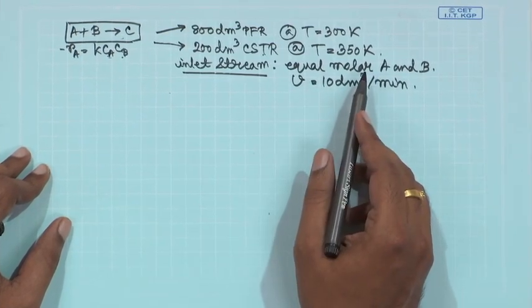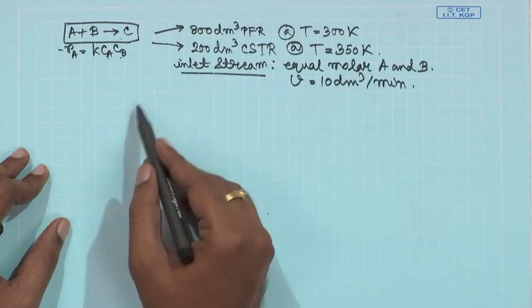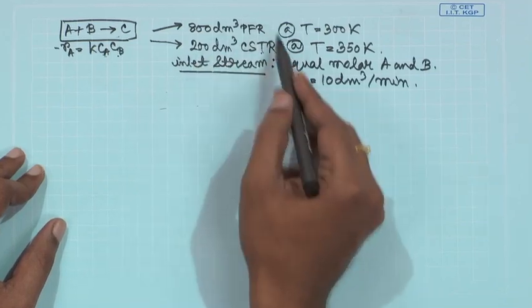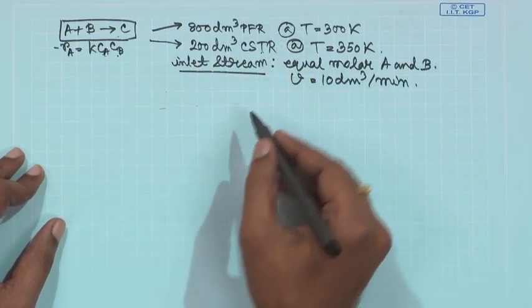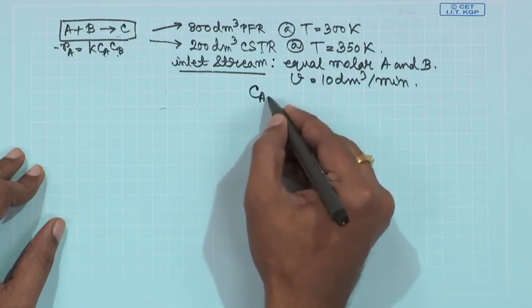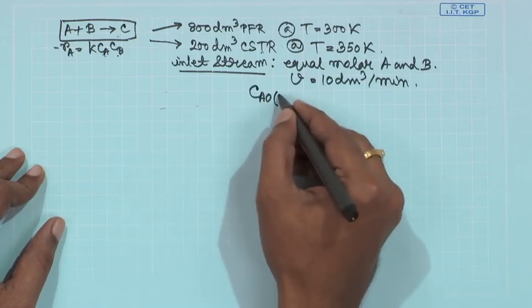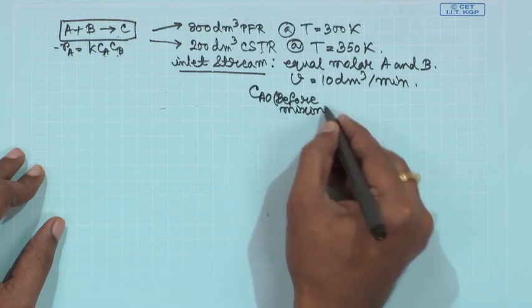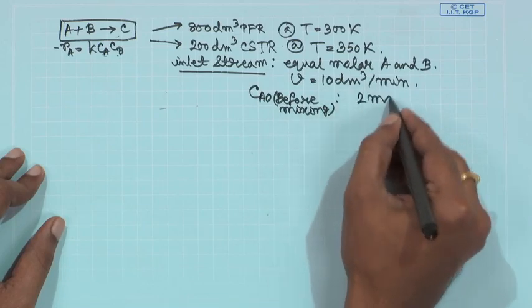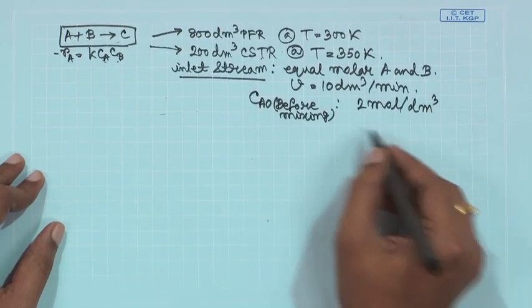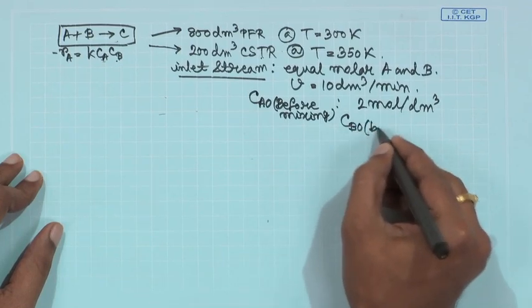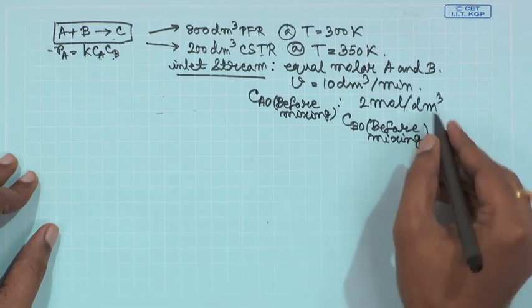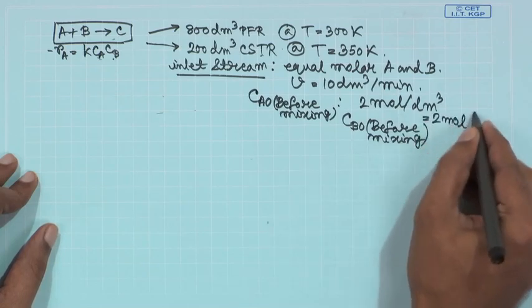Also, what is given is that there are two separate streams coming for A and B. They come together, forming one inlet stream, and that enters your reactor. For these two separate streams, before mixing, the concentration of A is 2 moles per decimeter cube, and the concentration of B before mixing is also 2 moles per decimeter cube.